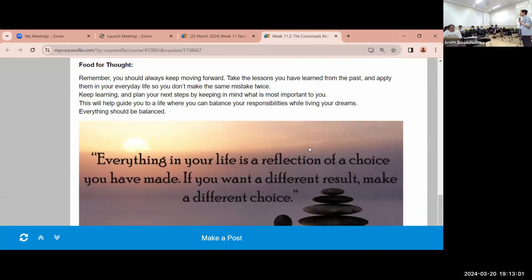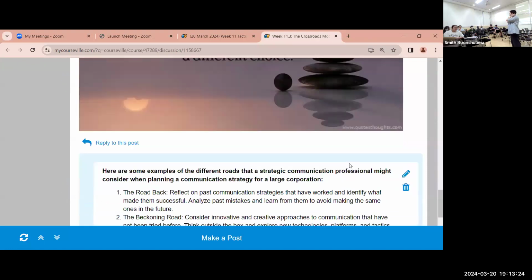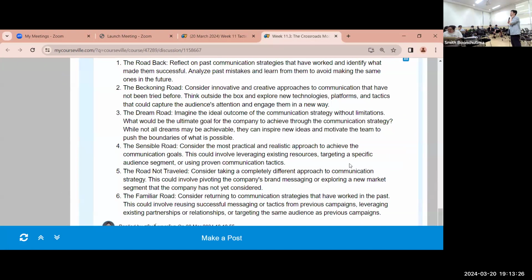But once you get to that moment, be sure that you remind yourself about this crossroad model so that you make good decisions for your life. And good, thank you. I hope that these sessions will make you a better decision maker.